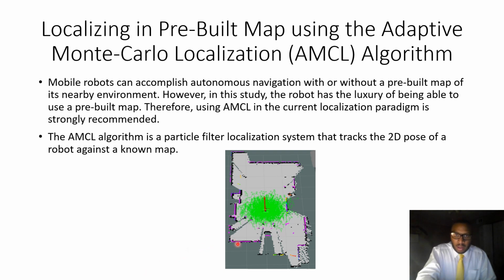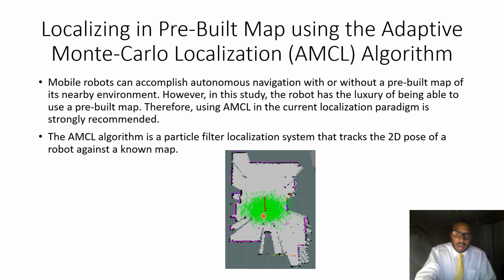This is the pre-built map of my workspace, and in the middle you see my robot with a bunch of green spots all around it, and these green spots essentially represent guesses of where the robot could be at that point in time.